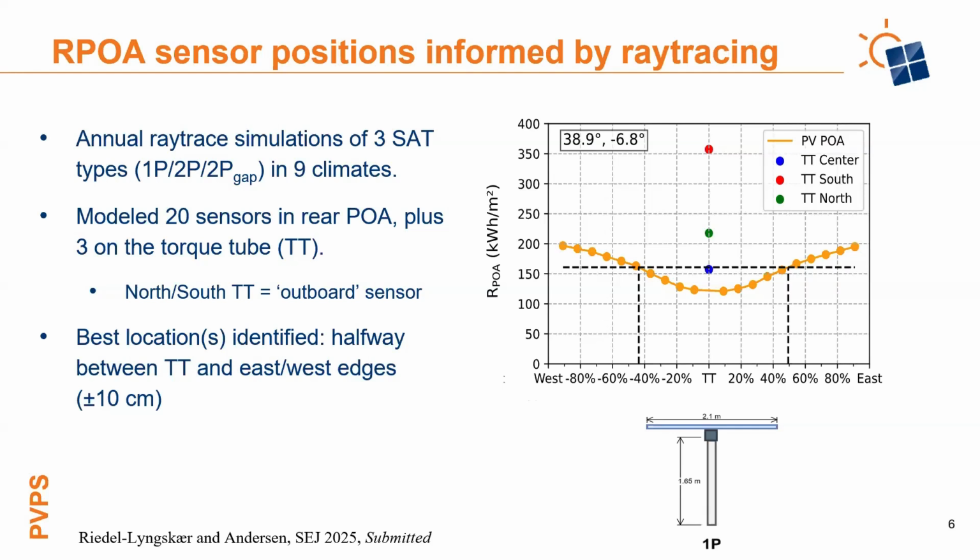The horizontal dashed black line shows the average of all plane of array measurements on the back, and the vertical dashed lines show where the model values intersect with that line. So that's what we're saying is really the best position to select, is something that represents the average and actually not the minimum.